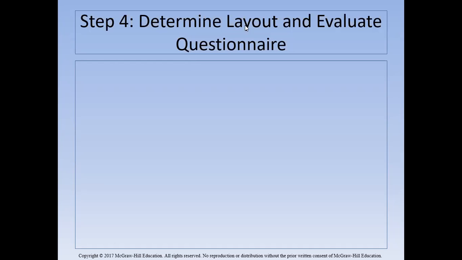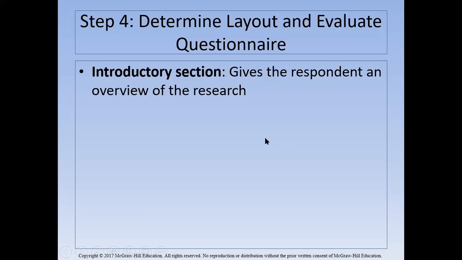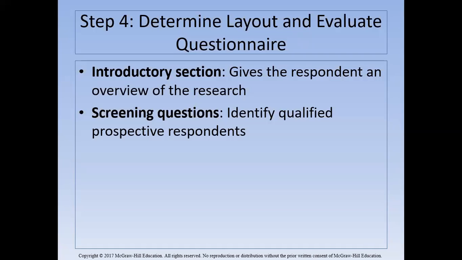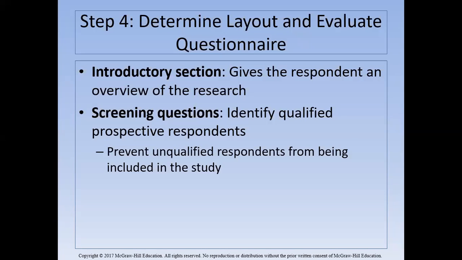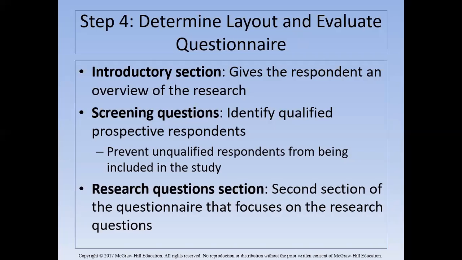Now, determine the layout and evaluate the questionnaires. Introductory section: we said, give the respondent an overview of the research, screen and identify the qualified prospect respondents, and prevent unqualified respondents from being included in the study.